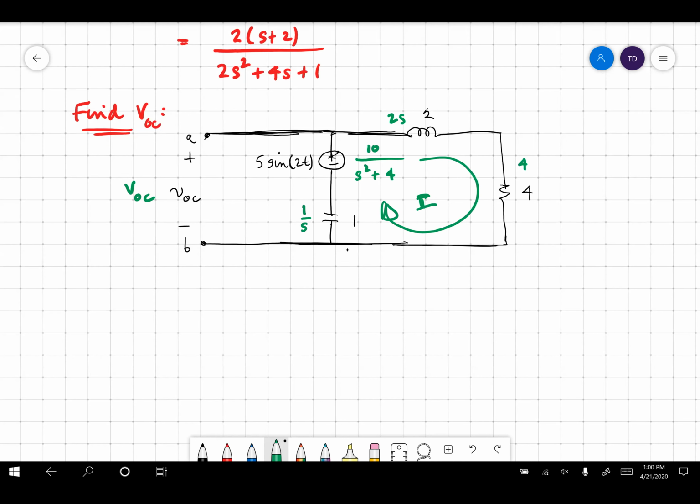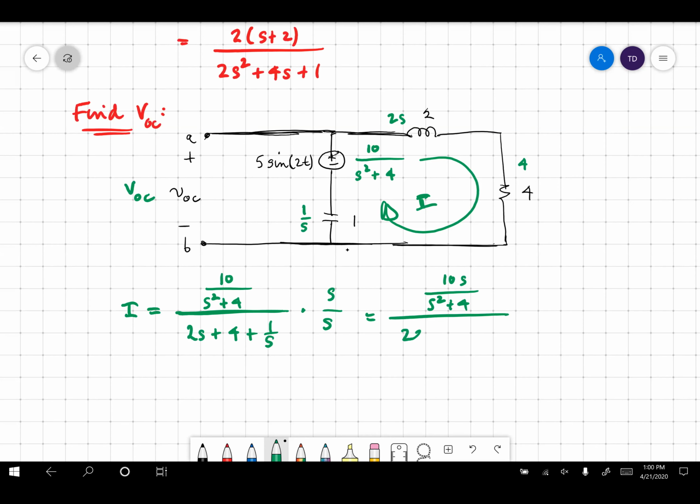That's the current I. And so we know I is equal to the voltage, which is 10 divided by S squared plus 4, all divided by 2S plus 4 plus 1 over S. Let's get that 1 over S out of the denominator. So this is going to be 10S over S squared plus 4 divided by 2S squared plus 4S plus 1.